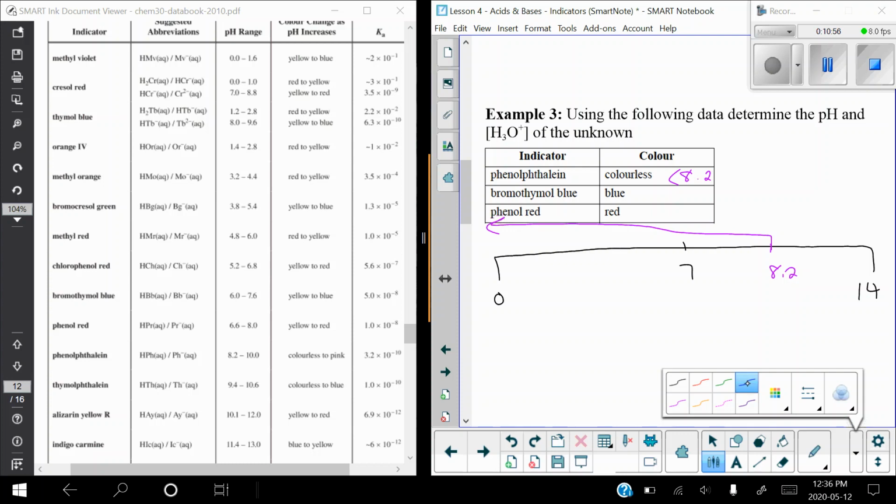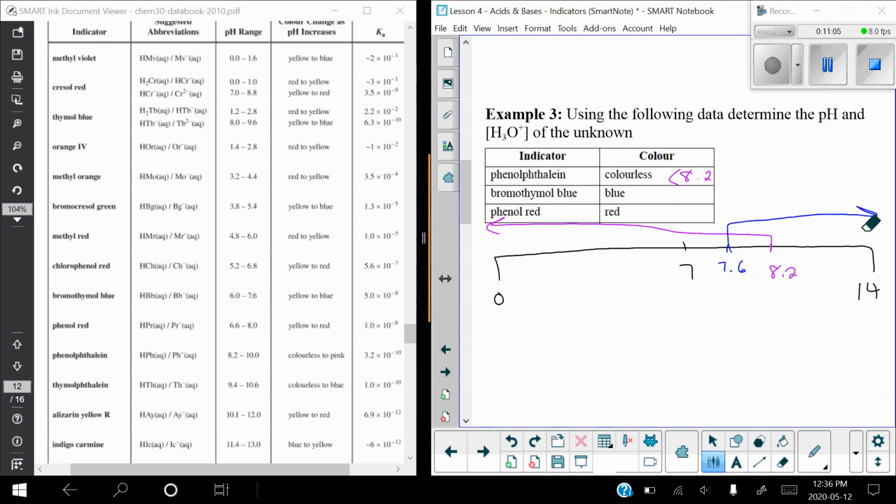I'm going to find that to turn blue, so it's going to be 7.6, and it's going to be greater than 7.6. The last one is phenol red. Phenol red has a range of 6.6 to 8.0, and phenol red turned red. So phenol red turned red. That means it is going to be greater than 8.